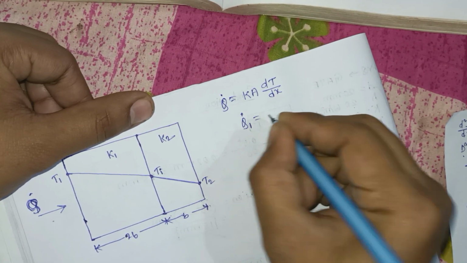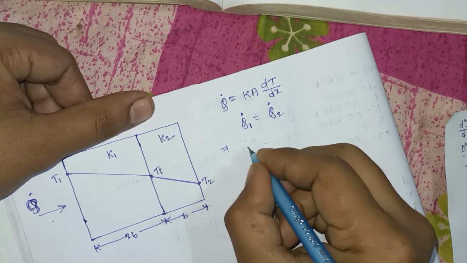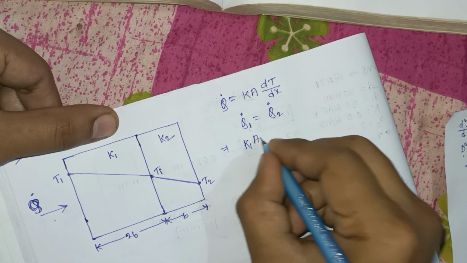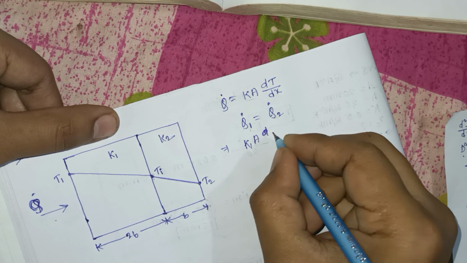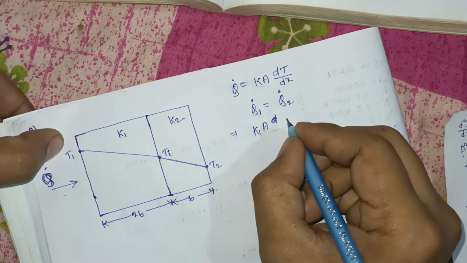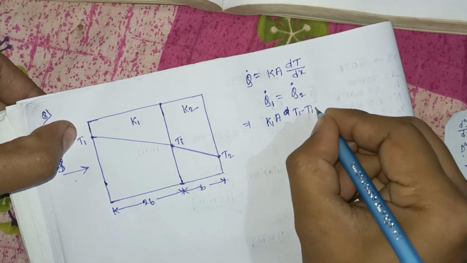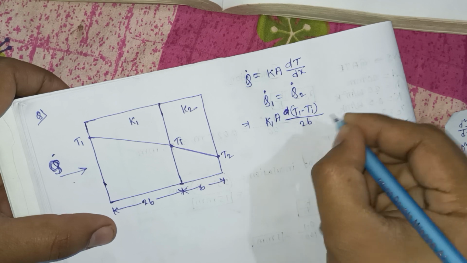Q1 is equal to Q2. Q1 is equal to K1 A dT by dx. What is the temperature difference? T1 minus Ti, by dx, value 2b.